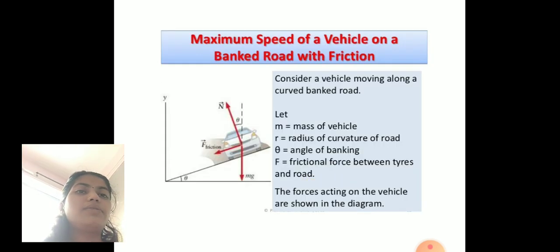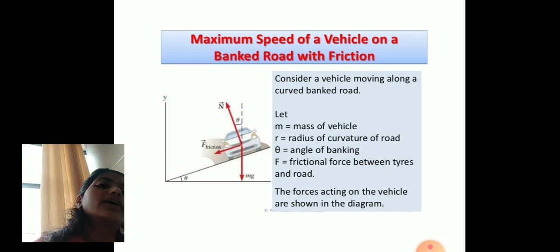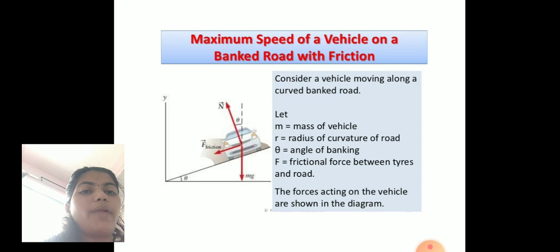Maximum speed of a vehicle on a banked road with friction. Consider a vehicle moving along a curved banked road. Let m be the mass of the vehicle, r the radius of curvature of the road, and theta the angle of banking.